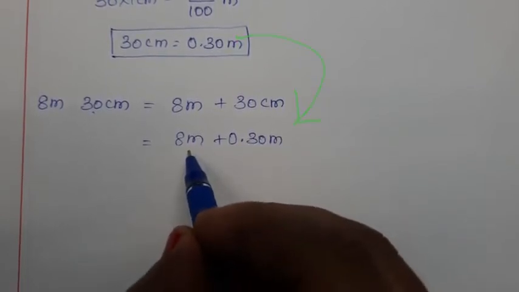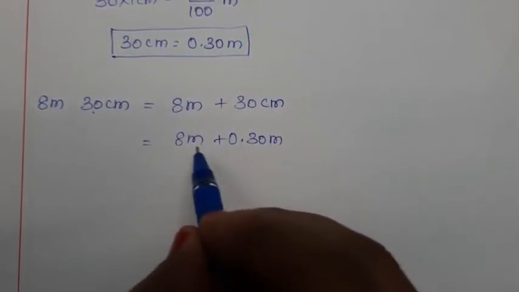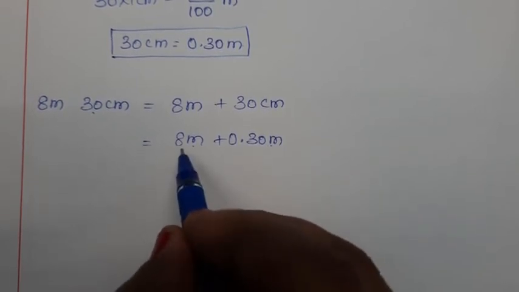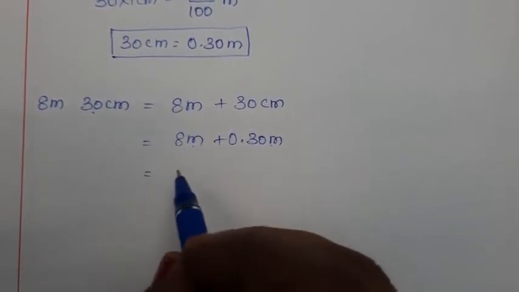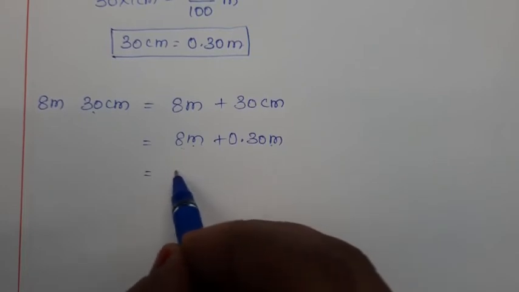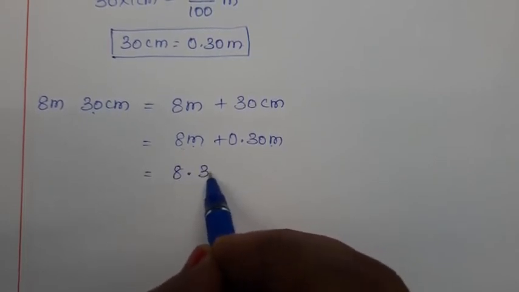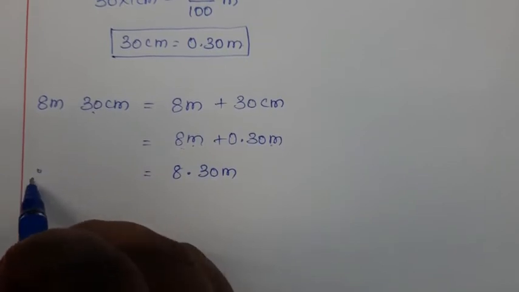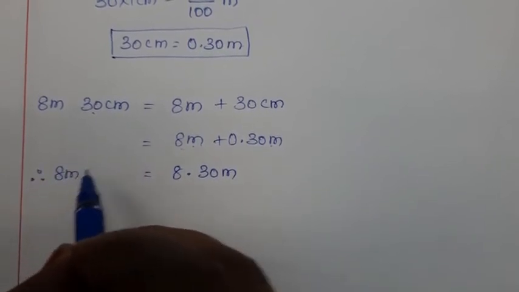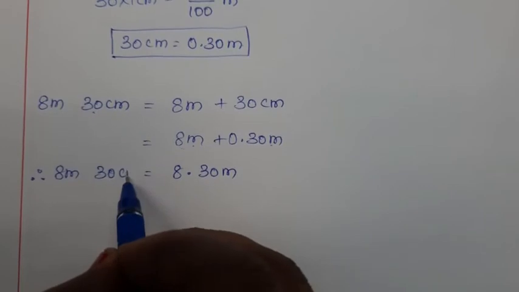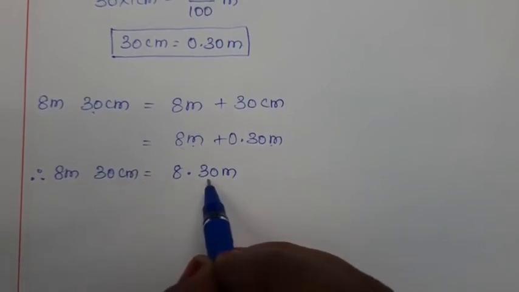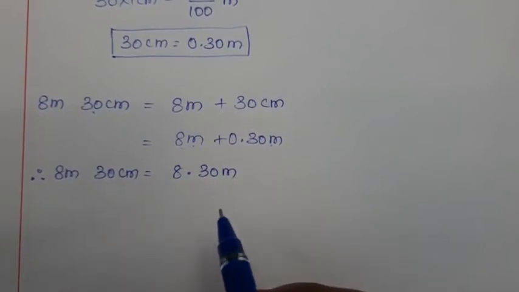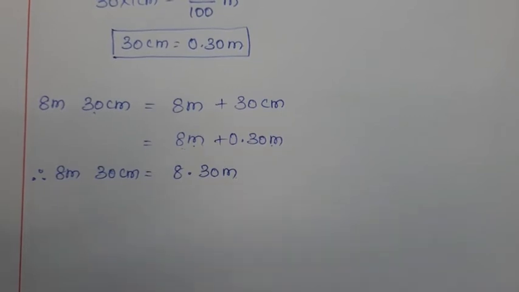Here we have in both the terms the same unit. So these terms can be added. By adding these two terms, we get 8.30 meter. Therefore, 8 meter 30 centimeter is equal to 8.30 meter, which is the required answer.